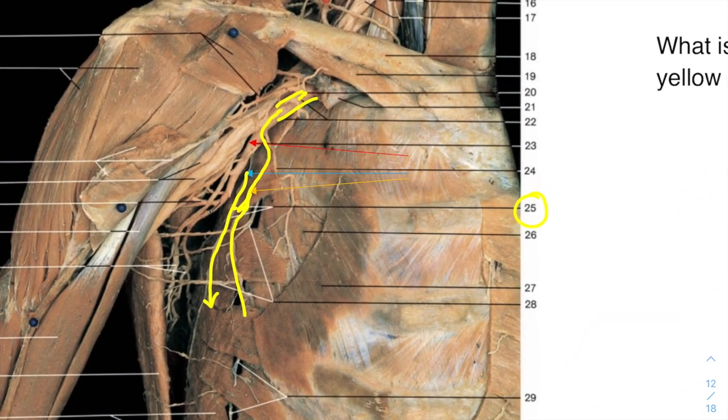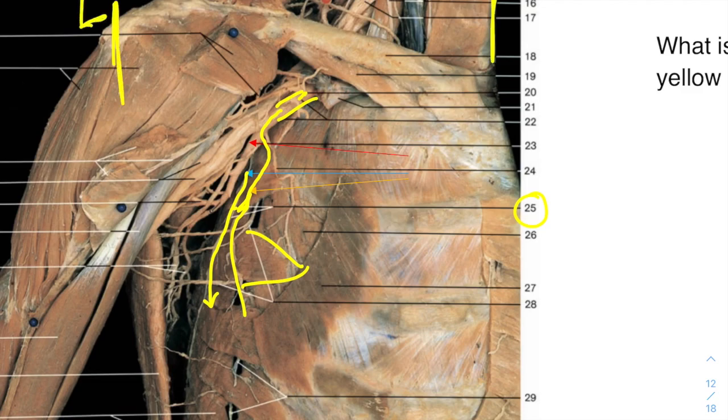So you know that these are going to be in the thoracic region because this muscle is right above your rib cage. So that's why it's the thoracic. And since it's kind of going to the side, they have to travel quite a bit, and they're traveling out laterally.